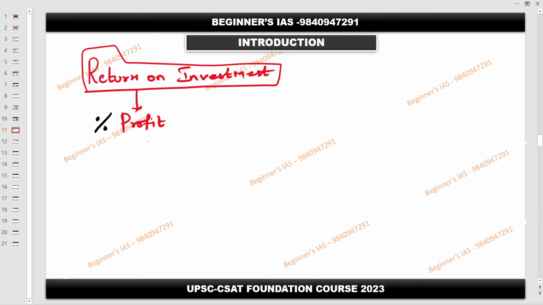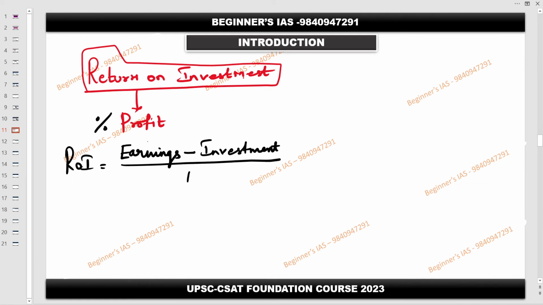Return on investment is nothing but, listen, earnings minus investment by the investment. The same logic as SP minus CP by CP, we are using here also.